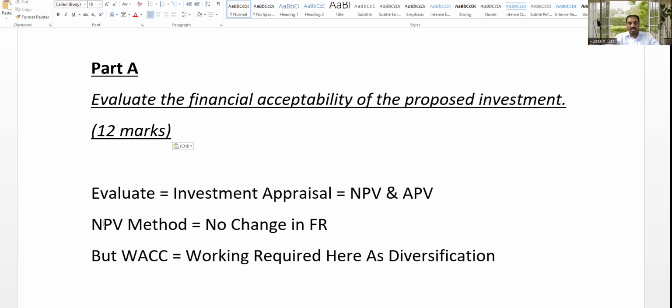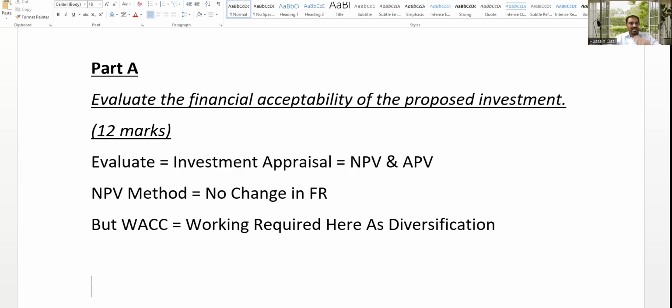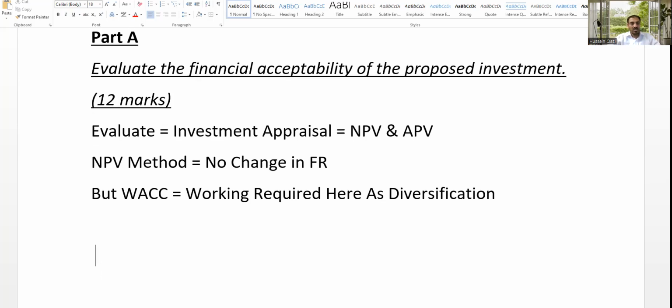Now, some important things before starting the question. Very important: you have to write the question. I must say here, total marks. Before attacking, plan your answer.